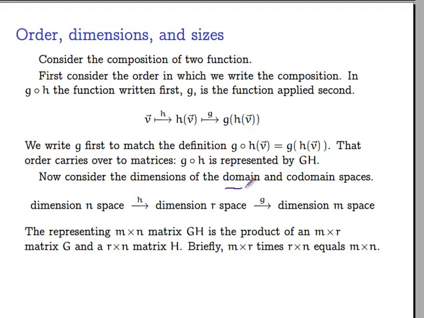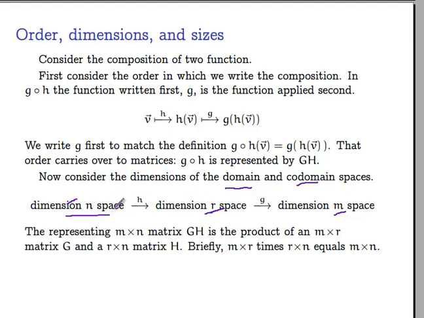Next, consider dimensions of the domain and codomain. So if you have a dimension n space that's mapped to a dimension r space by h, and a dimension r space that's mapped to a dimension m space by g, if I'm going from dimension n to dimension m, that's an m by n matrix. Now, we know that we can get from this domain to the final codomain by multiplying two matrices, the matrix for little h and the matrix for little g.